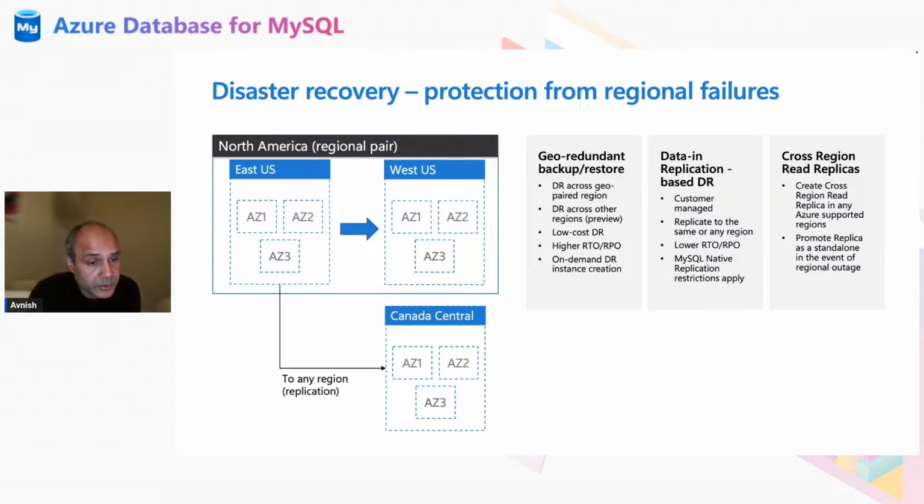There are two use cases we have seen for read replicas. One is disaster recovery, and the second is if you want to offload your read-only workload to the read replica instances. In that case, you can provision read replicas in the same zone where your primary instance is deployed, or other zones in the same region.